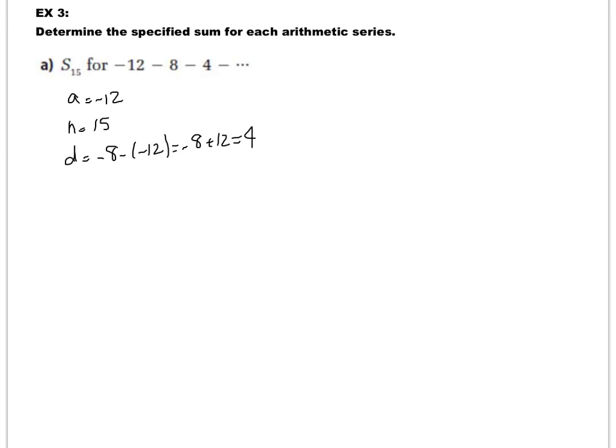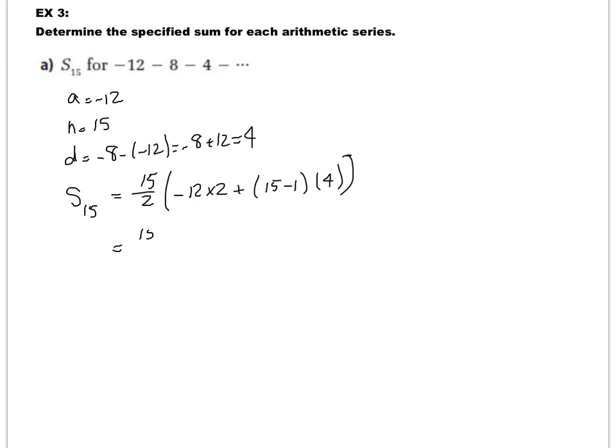Since I have these three pieces of information, I can use the second version of the formula, which says that S15 is n over 2, which is 15 over 2, times 2a, where a is -12, plus n minus 1, n is 15, minus 1, times d, d is 4.